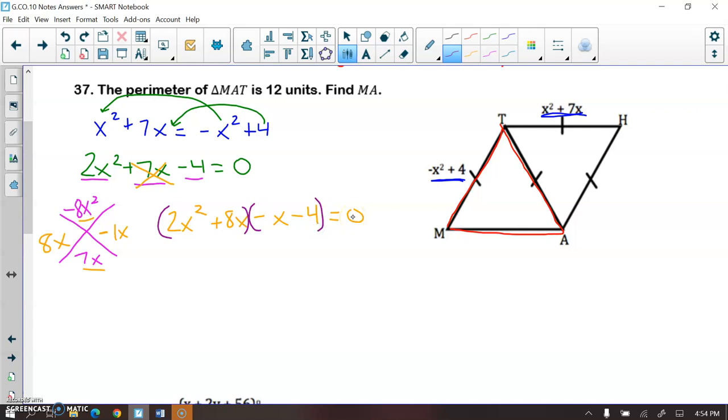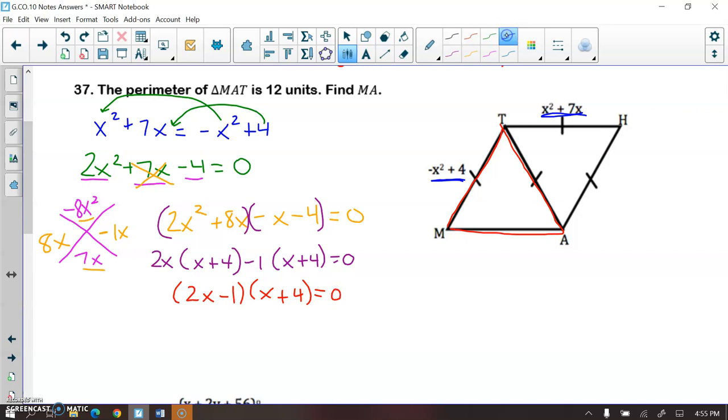The greatest common factor out of my first two terms is a 2x. And I'm left with an x plus a 4. I would need to take out a minus 1 to be left with an x plus 4 out of my next two terms. So my two binomials are a 2x minus a 1 and an x plus 4.